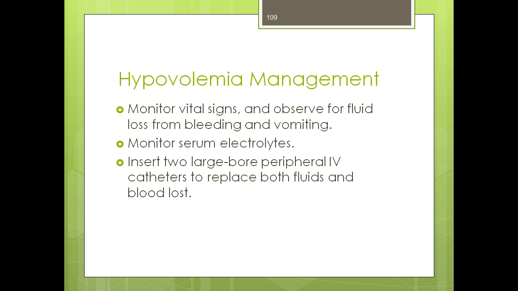Also, make sure that you monitor, because sometimes people are bleeding or vomiting. It's really important to monitor their vital signs, be aware of any hypovolemia, and monitor serum electrolytes. You may have to insert two large bore peripheral IV catheters to replace both fluids and blood loss.